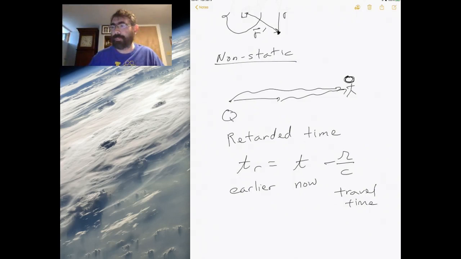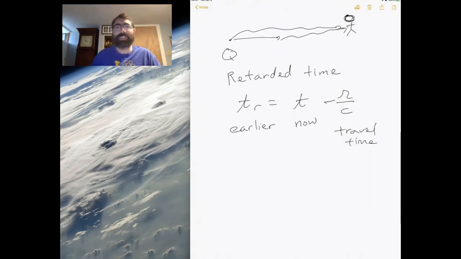So it's kind of like the problem that you have in astronomy, where the light that you see from a distant star left that star millions and millions of years ago, and it's just reaching you right now. So our time right now is t, the time at which the light left the star is t sub r, and the time it took to travel a distance from the star to me is this script r divided by c.